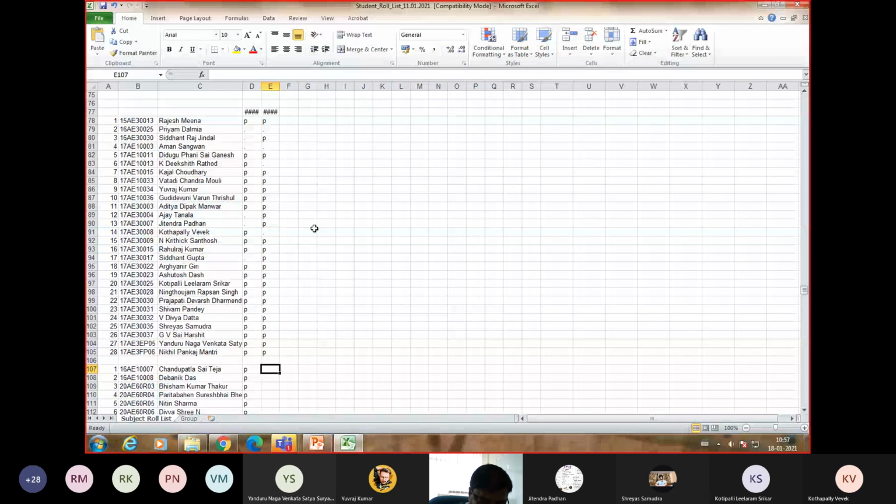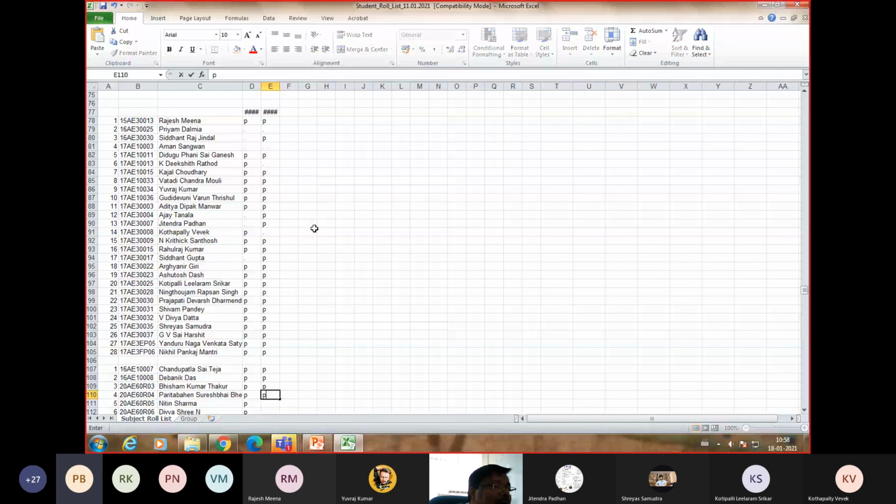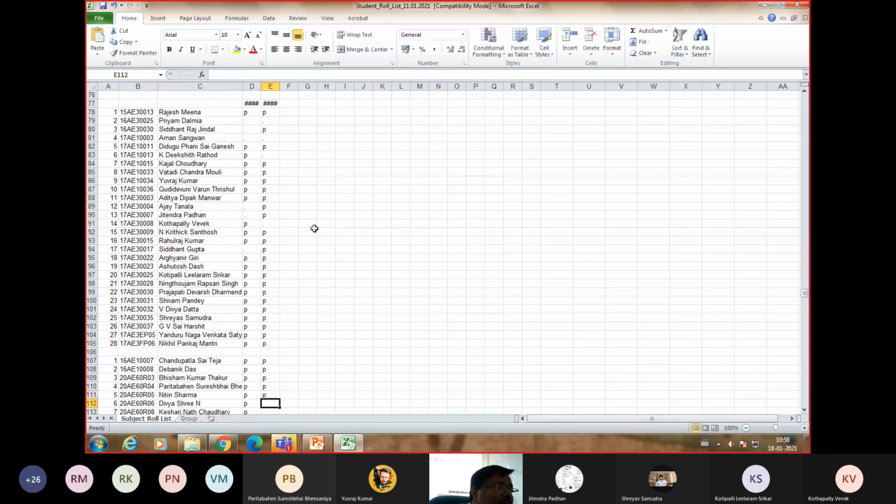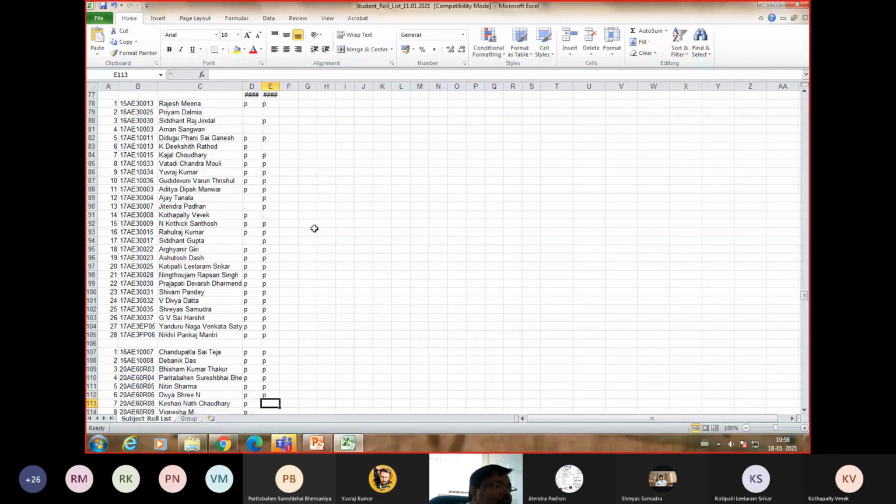Jojubatla Sai Teja, present, sir. Devani Das, present, sir. Kumar Thakur, present, sir. Varita, present, sir. Sharma, present, sir. Divyasri, present, sir.